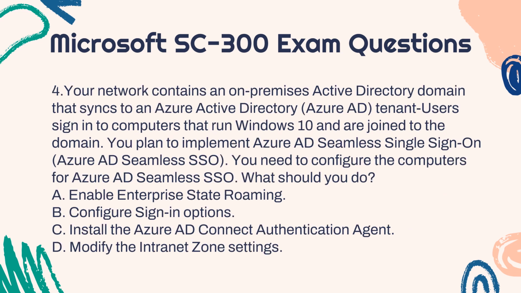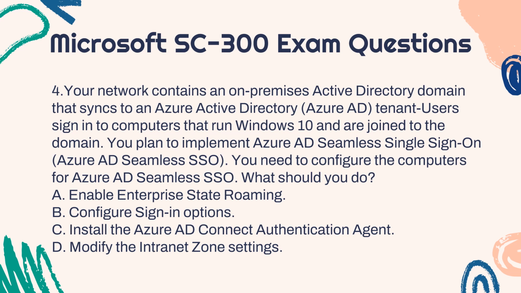4. Your network contains an on-premises Active Directory domain that syncs to an Azure Active Directory, Azure AD, tenant. Users sign in to computers that run Windows 10 and are joined to the domain. You plan to implement Azure AD Seamless Single Sign-On, Azure AD Seamless SSO.